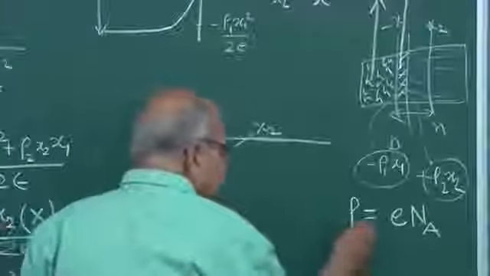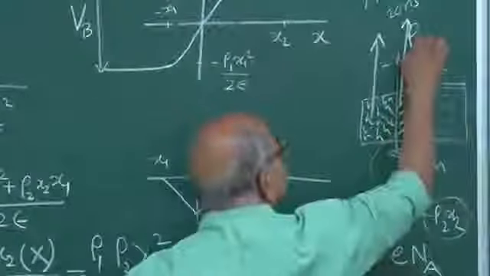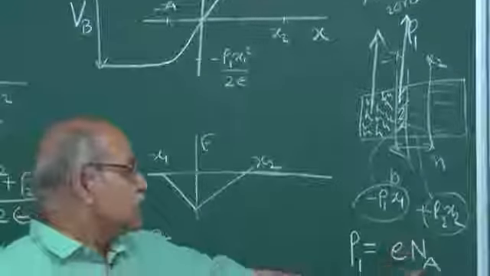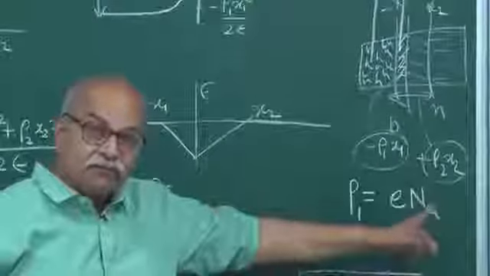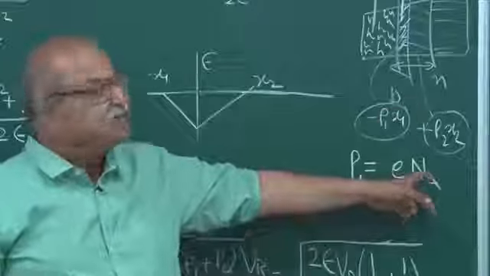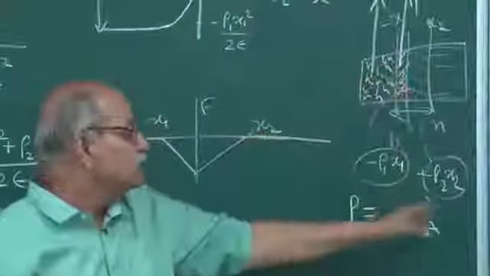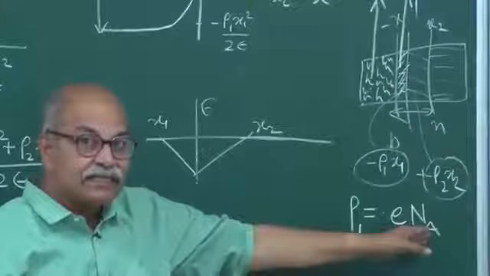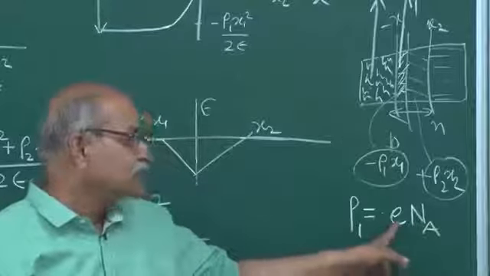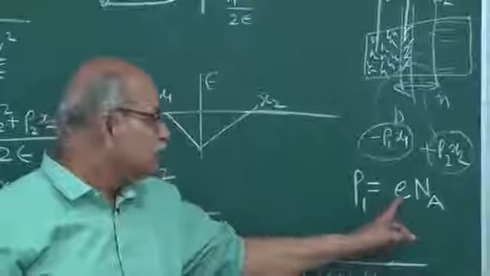So this rho 1 here, this charge density rho 1 in this region, is just E times Na. What is Na? Number of acceptor ions per unit volume, right? Number of impurity ions which I have doped here per unit volume. So that is Na, number density. And then each ion has this charge of minus E, and therefore this rho 1 is just E times Na.